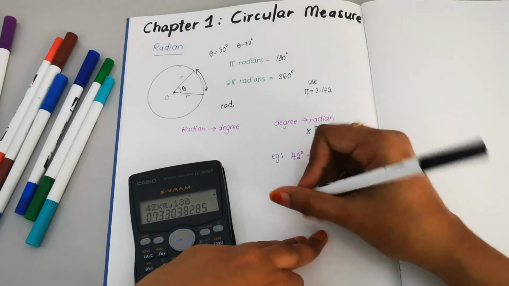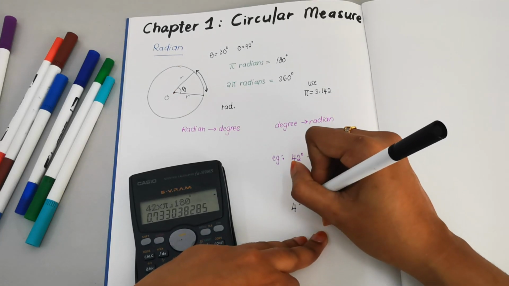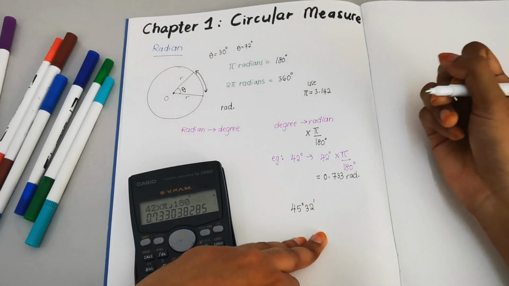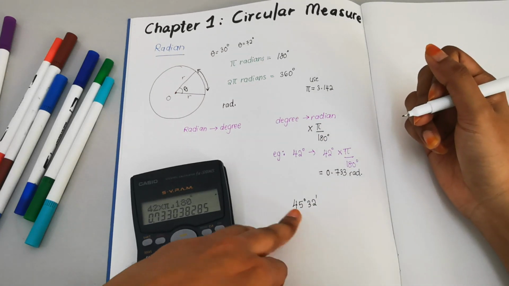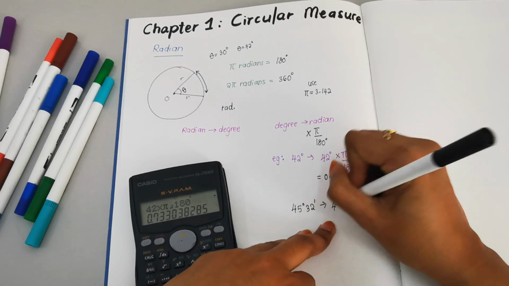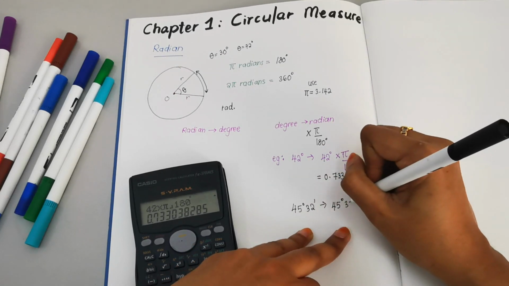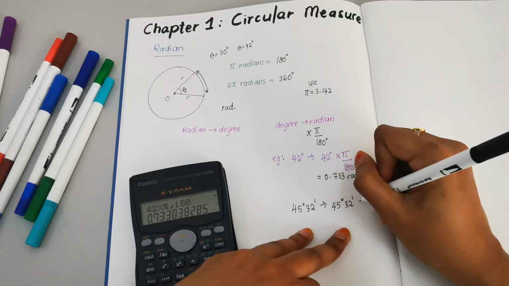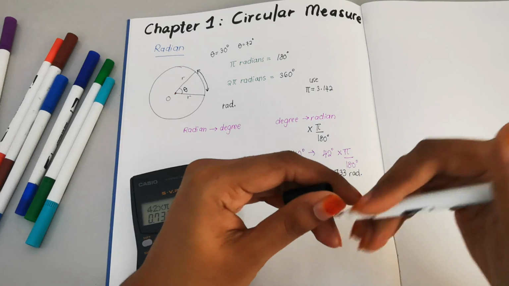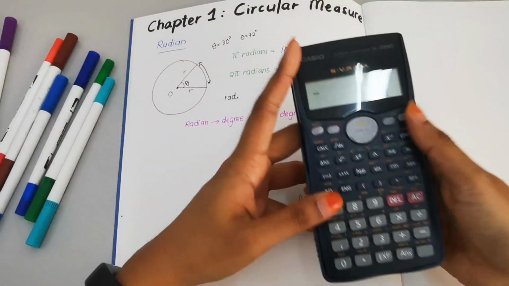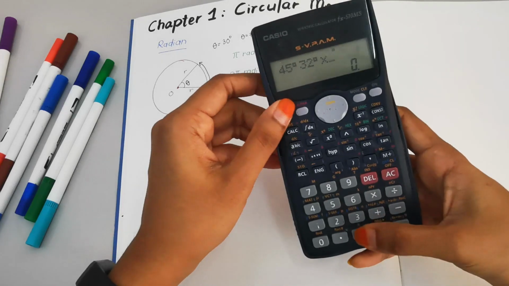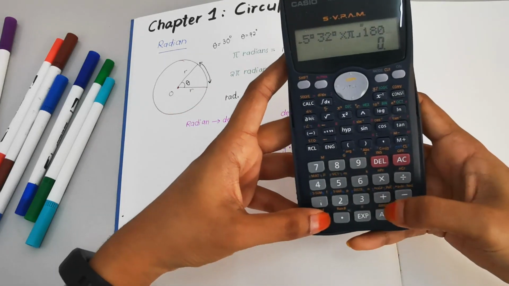Let me give another one. Change 45 degrees 32 minutes. Same way, write back the degree, 45 degrees 32 minutes, and then times with pi over 180.